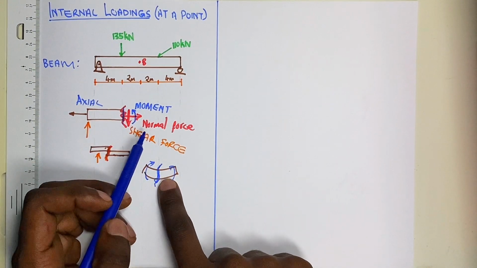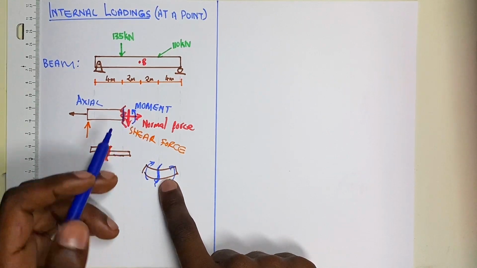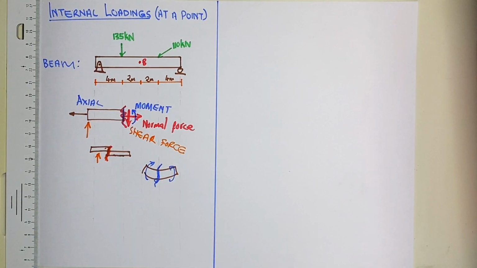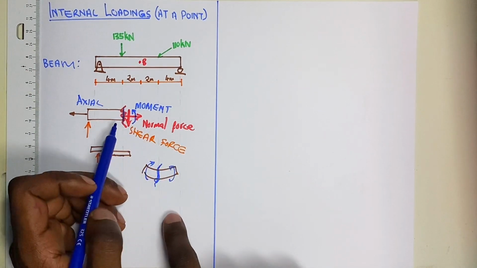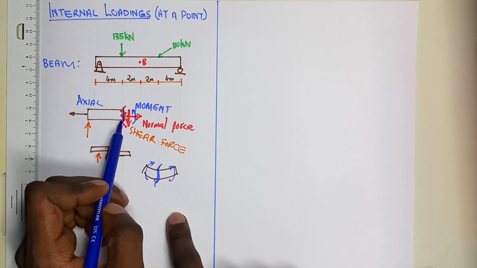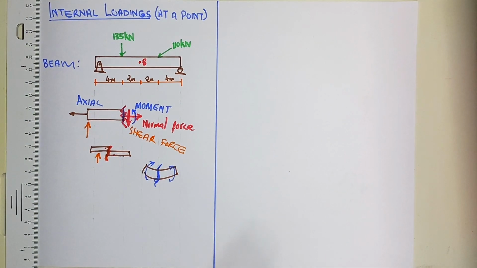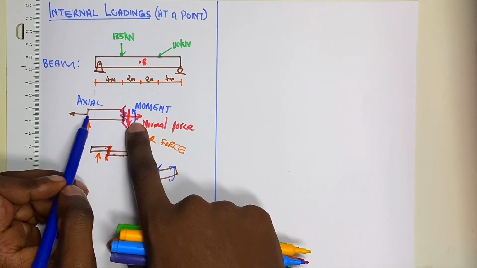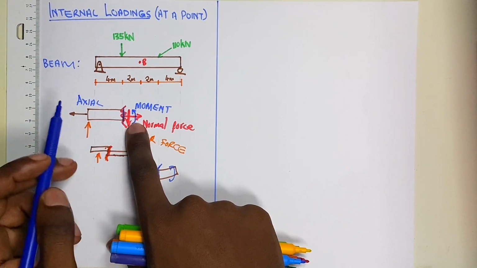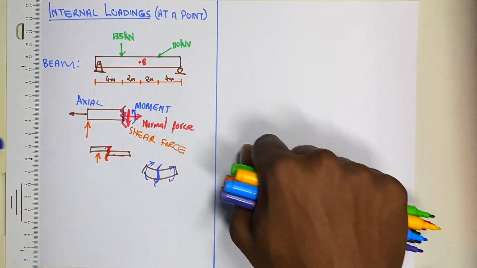Now that we know the normal force, the shear, and the moment, these are the three that we are going to focus on. Remember that normal acts perpendicular to the surface of our card here, but mainly it is to show the effect of the external force that is pulling on the member axially, making it stretch.